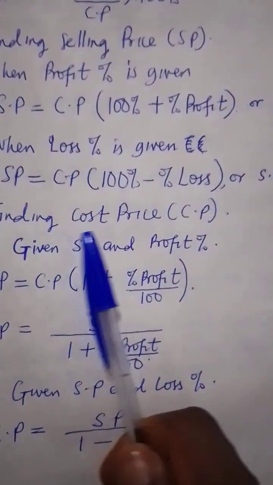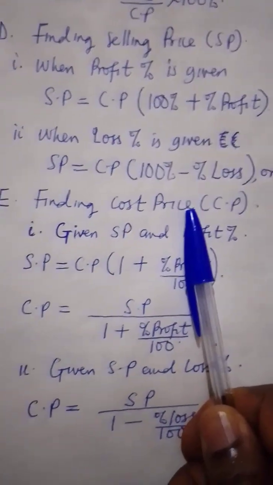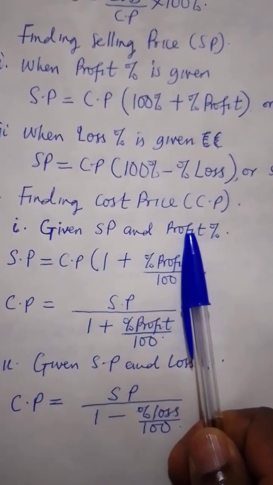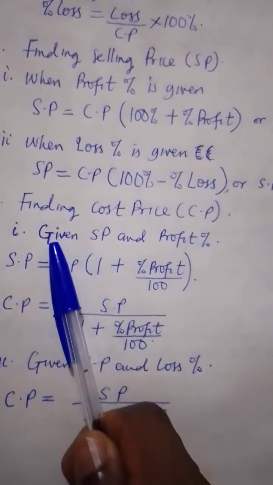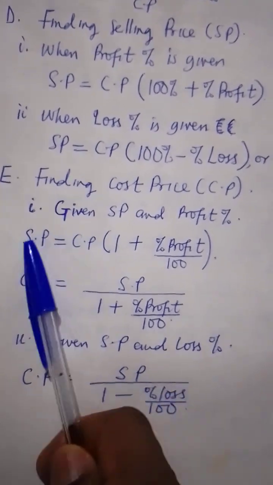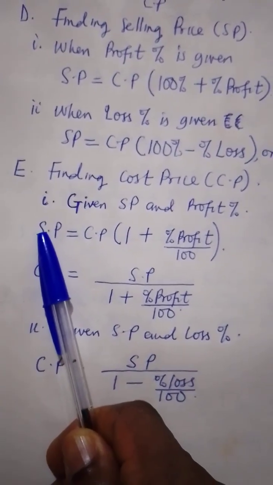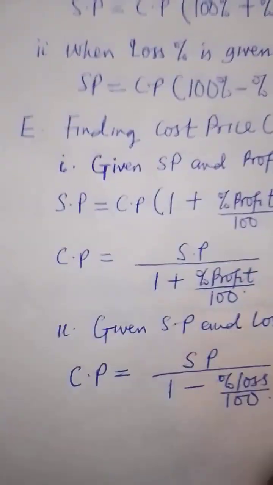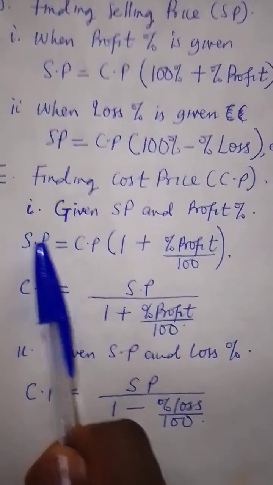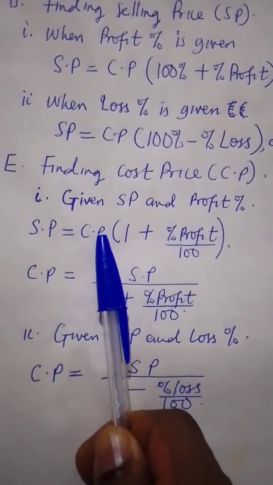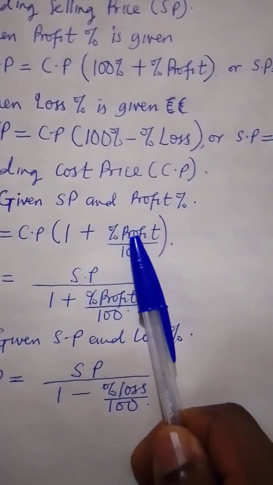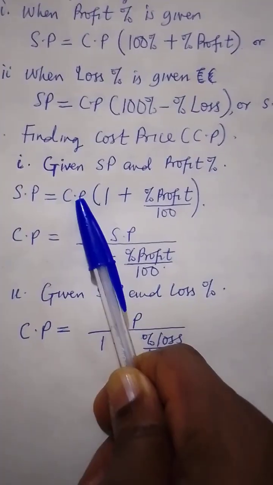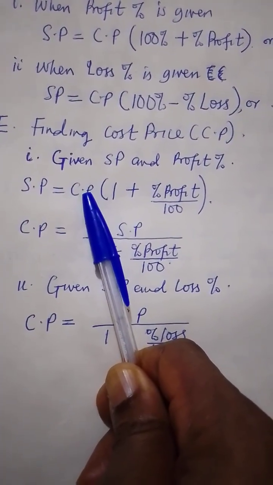Now, finding cost price when the selling price and the profit percentage are given. So in this case, originally, this is the formula: selling price is cost price into 1 plus percentage profit over 100. So if you are looking for cost price, you make cost price the subject of the formula.